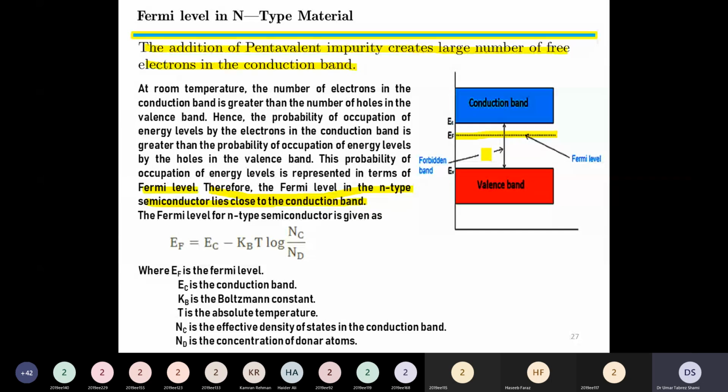We have created n-type material, we have free electrons, they are now in the conduction band, and as the Fermi level is now very close to the conduction band, it needs a very small amount of energy.